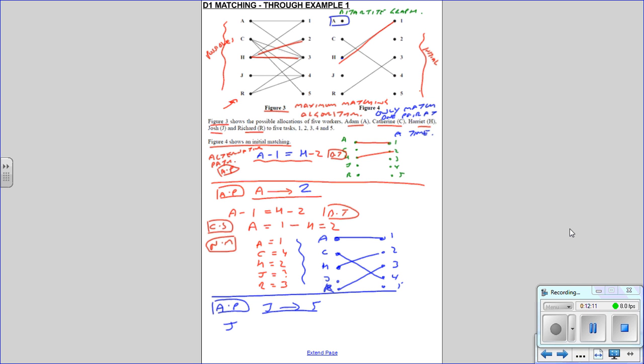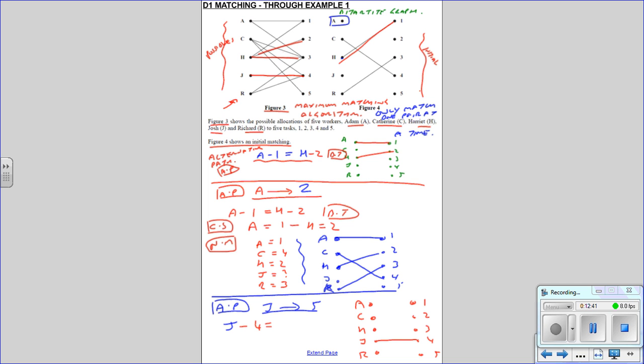So we're starting at J. Again, like I said, it helps if you draw your dots out again so you can see what's happening. So A, C, H, J, R. 1, 2, 3, 4, and 5. So let's go. We're starting at J. Where can J go? We know that J can only go to 4. So J, therefore, is gone to 4.